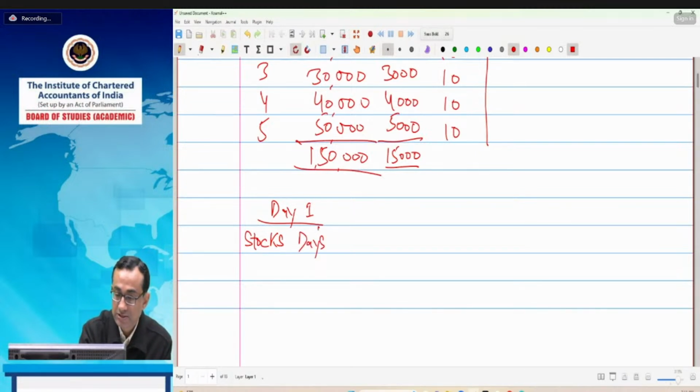Stocks, day's share price, and the number of shares, and let us say total investment.